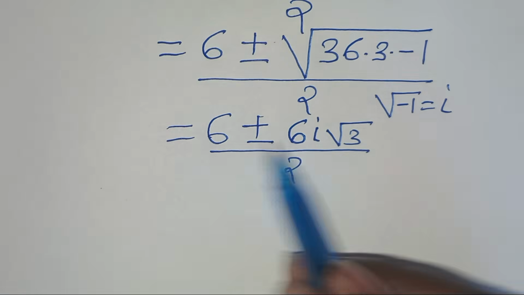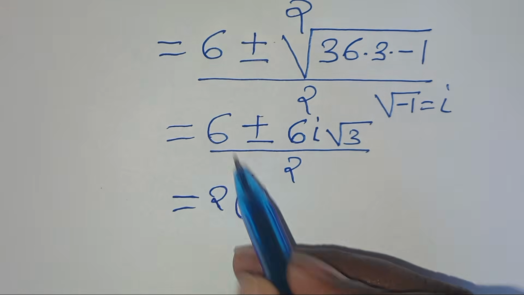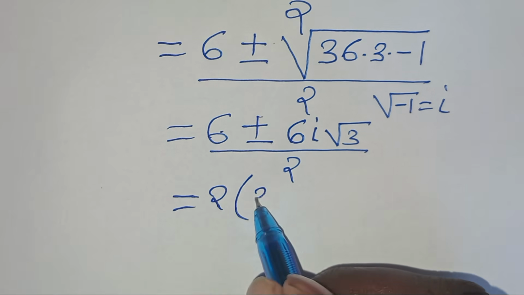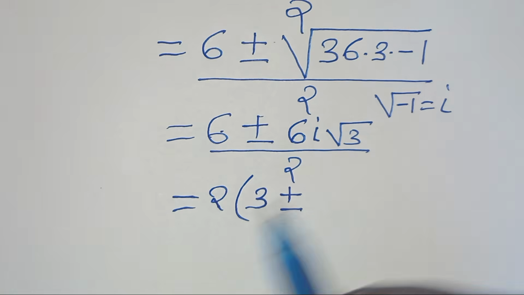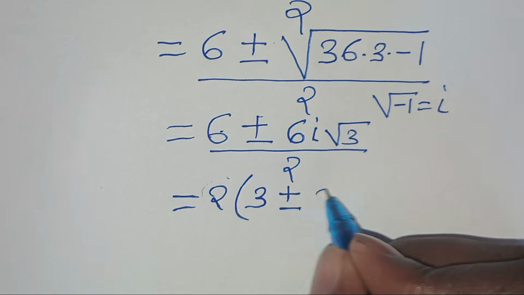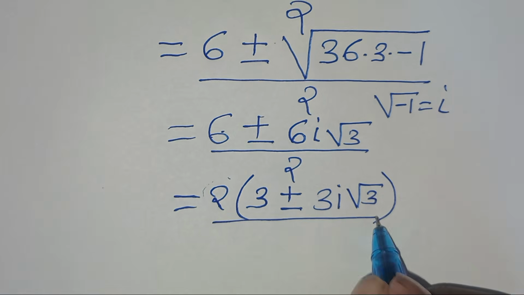Now since 2 is common in the numerator here, let's factor out 2 so that we have 6 divided by 2, which is 3, plus or minus 6i square root of 3 divided by 2, which is 3i square root of 3 divided by 2.